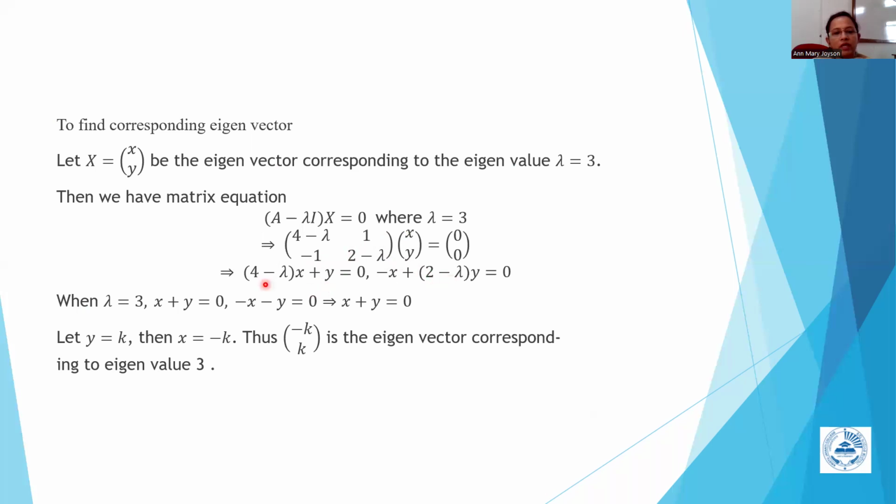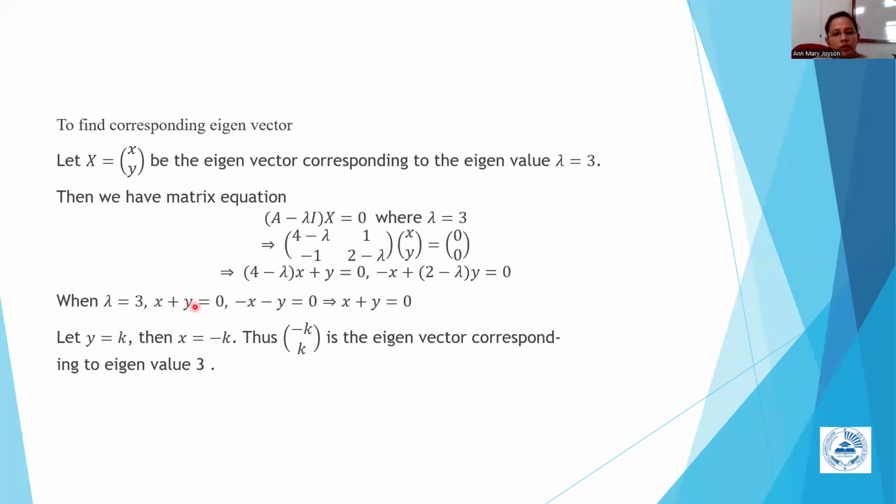Substituting lambda equal to 3, we get 4 minus 3, that is 1x, plus y equal to 0, and minus x plus 2 minus 3, that is minus y, equal to 0.